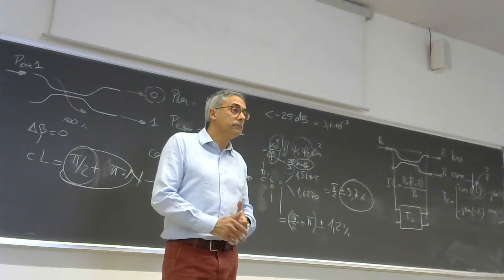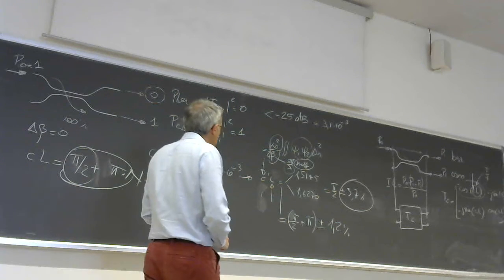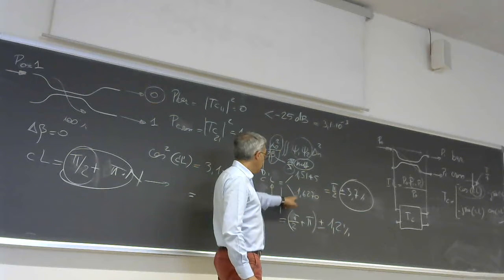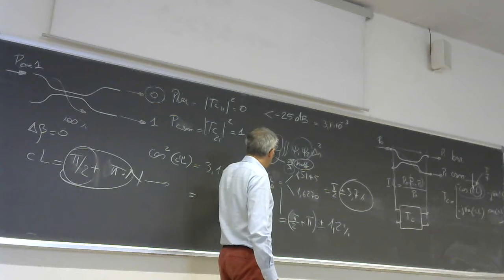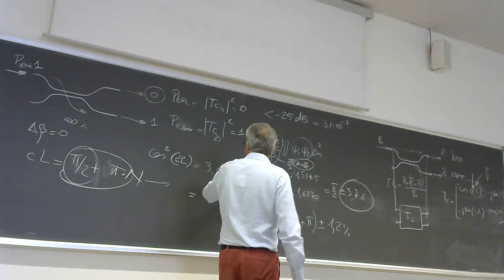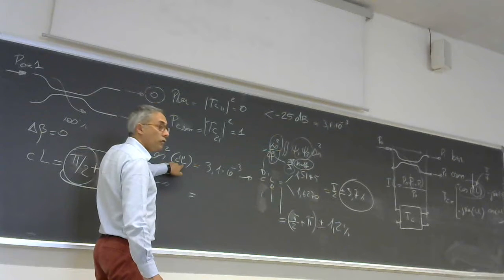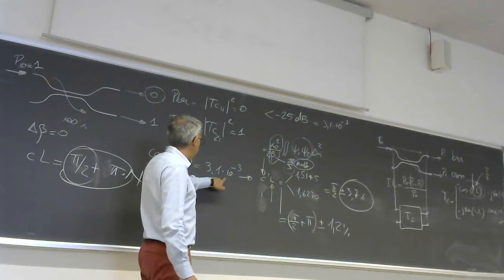Could you please repeat how you found this product CL perturbed, this new one? Exactly as this. So you have cos square of the new one equal to this number.